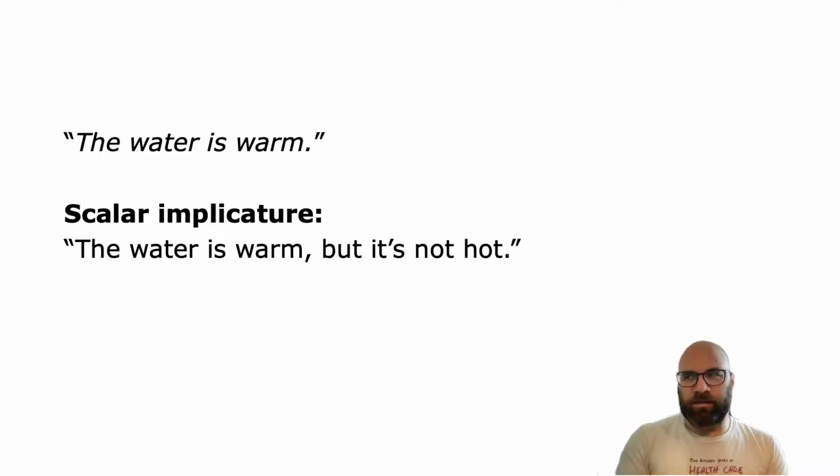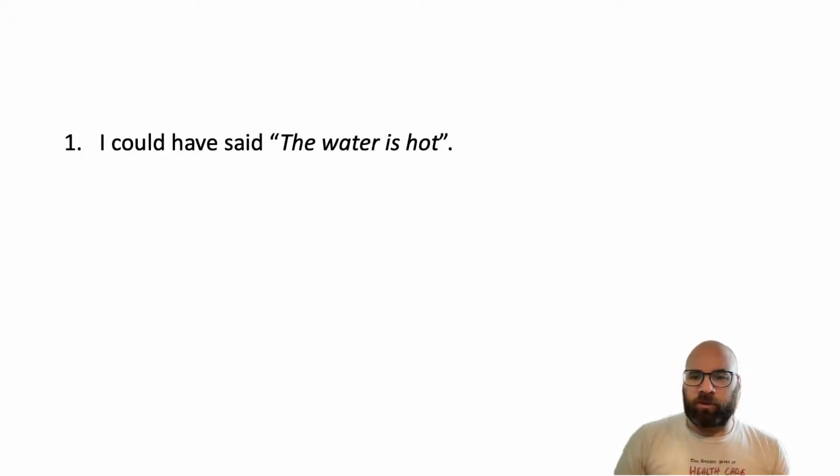So let's walk step by step through what are the logical steps that you take to go from the water is warm to thinking I mean the water is not hot. So first of all, you might consider that I could have said the water is hot. So for some reason, I chose not to say that. I said the water is warm instead.